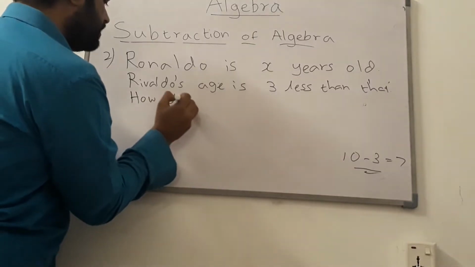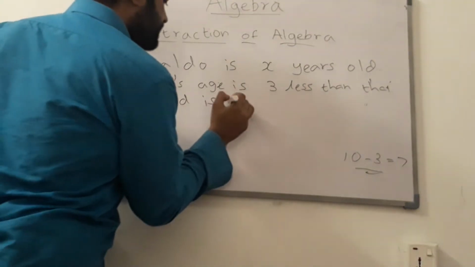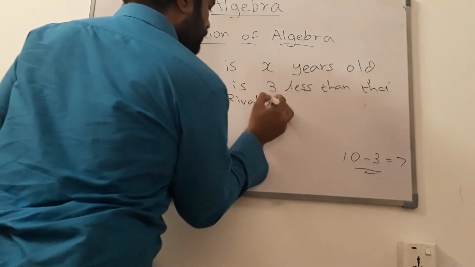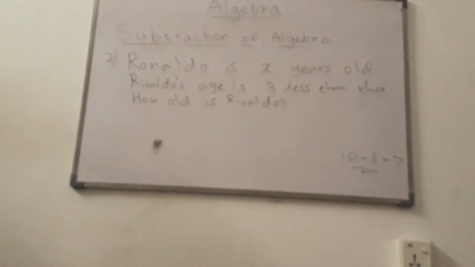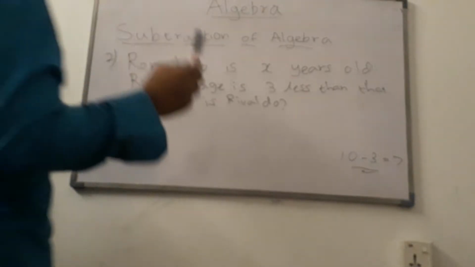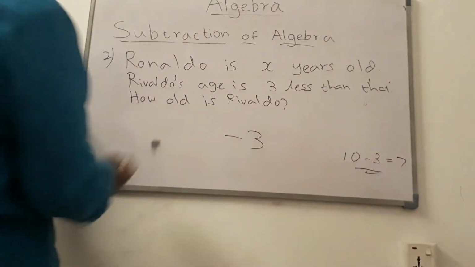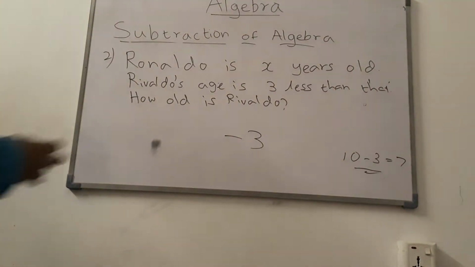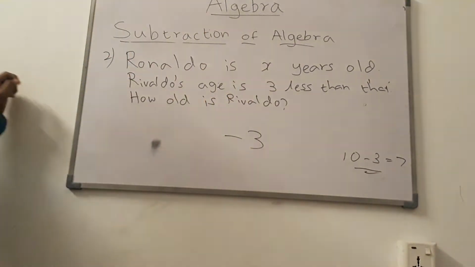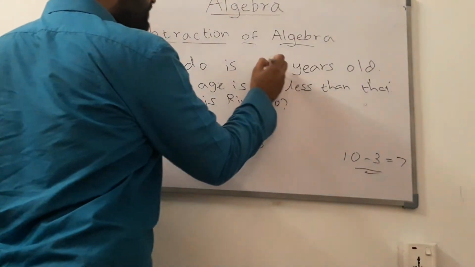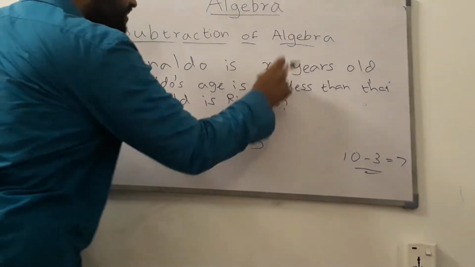How old is Rivaldo? Okay, Ronaldo is X years old. Rivaldo's age is 3 less than that. Okay, if Ronaldo's age is a number term, we know to find Rivaldo's age, we have to subtract 3 from Ronaldo's age. Ronaldo's age is X. So here we have to subtract 3 from X.